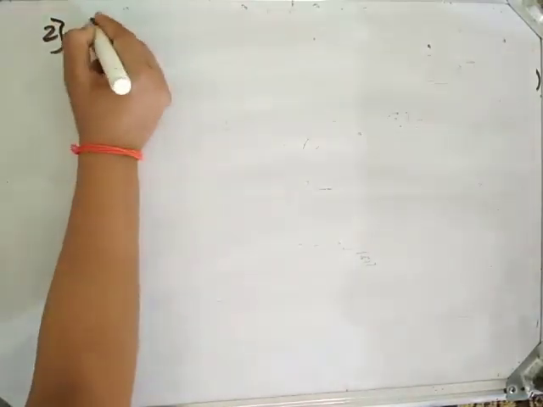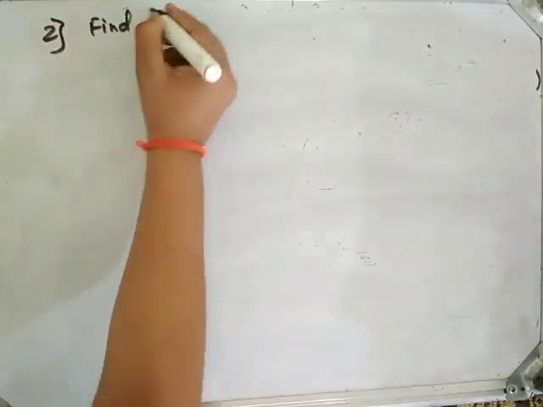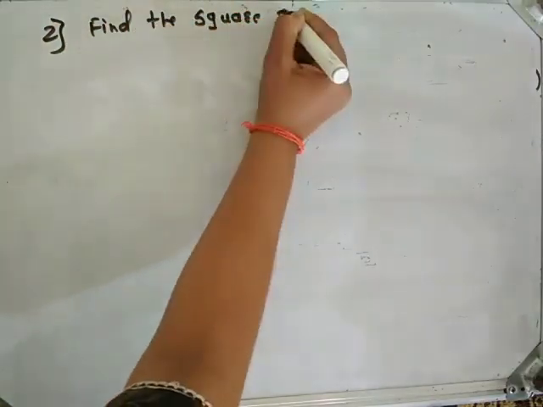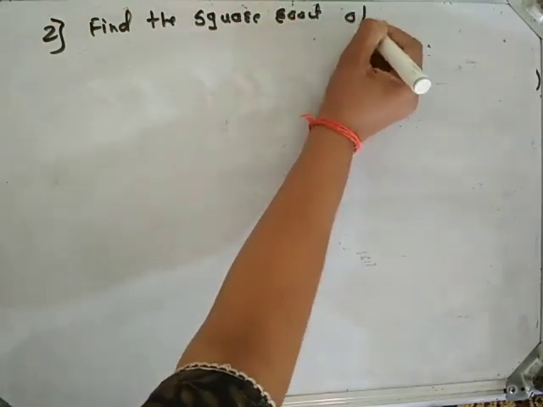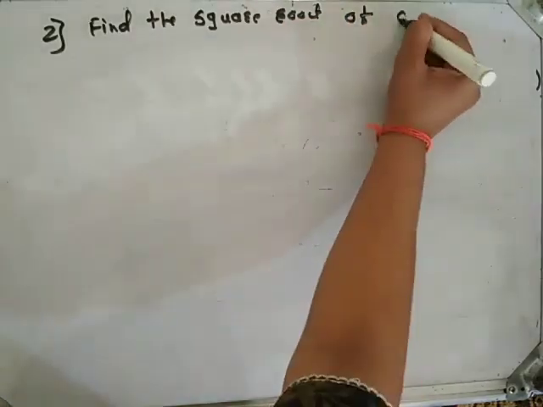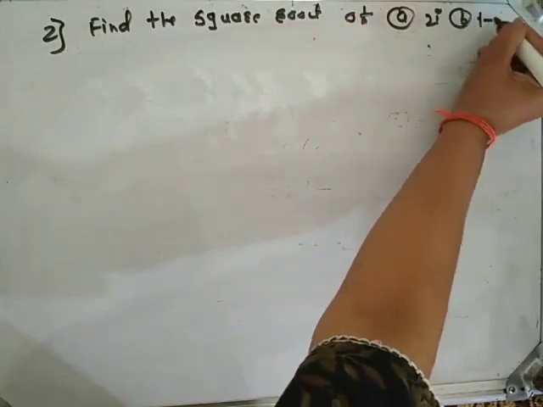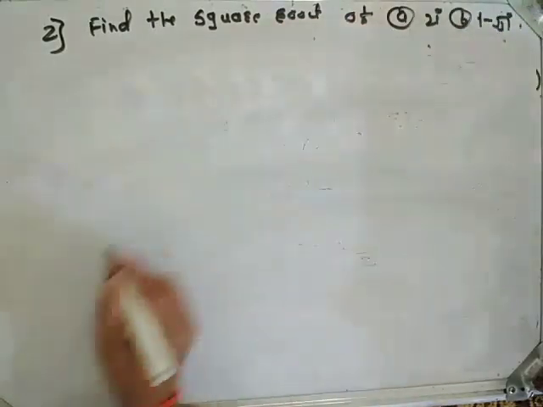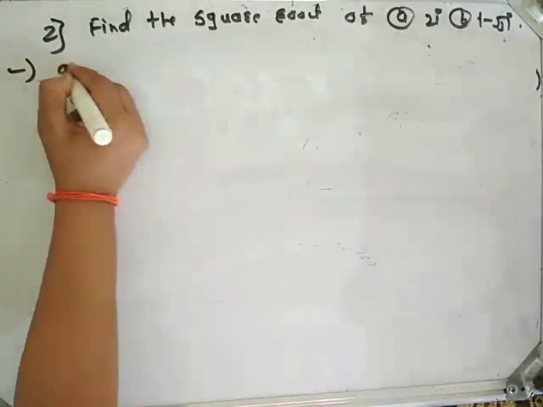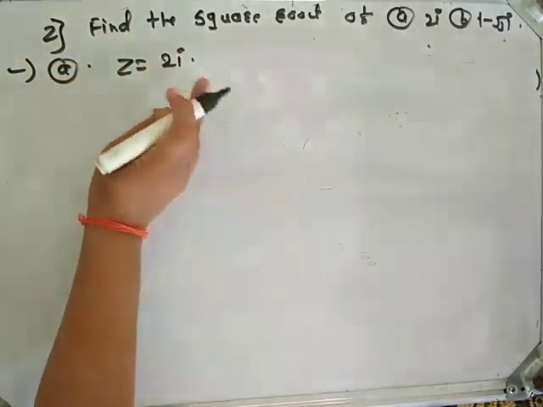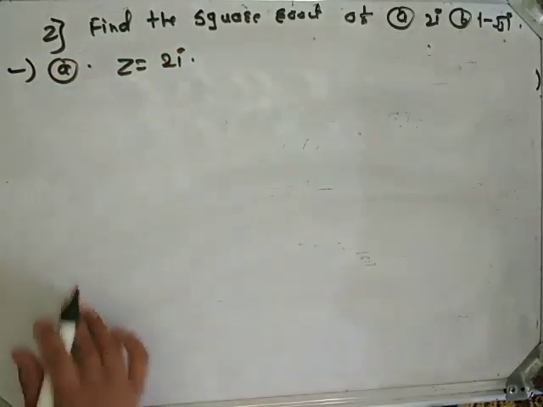Second example: find the square root of 2i. Solution: here z is nothing but 2i. First of all, write down its exponential form.